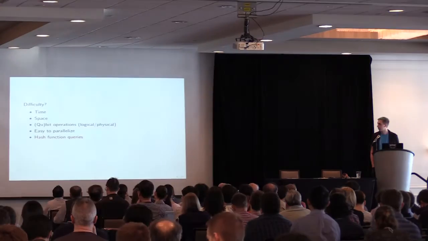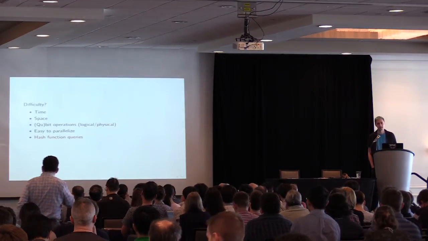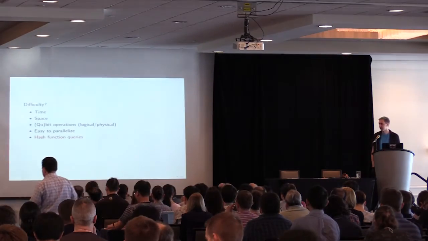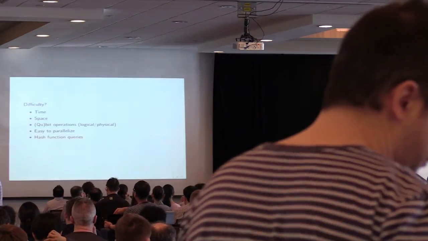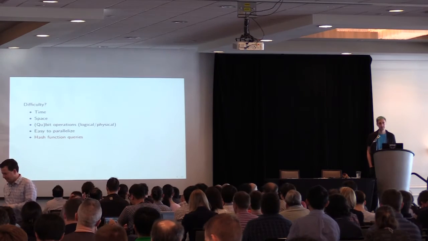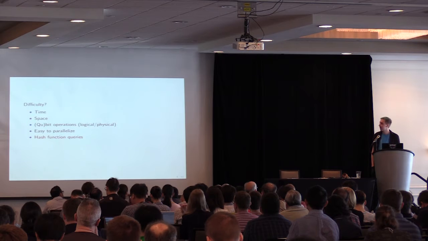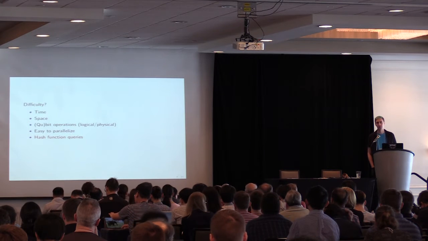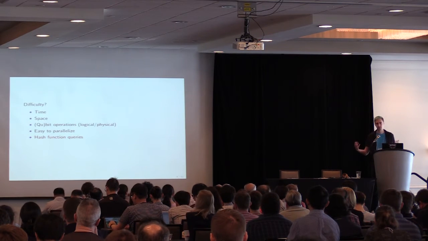So for this talk, we're only going to focus on the last metric, hash function queries. That's not to say that the others aren't incredibly important, just that it's easier, in general, to prove results about the number of hash function queries required, and it's often easier to actually incorporate those results into other proofs.